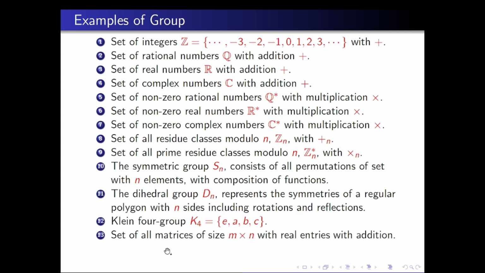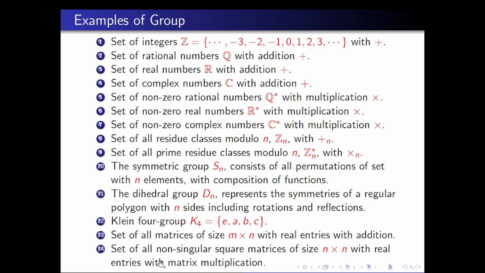The set of all matrices of size m by n with real entries forms a group with respect to addition. Similarly, the set of all non-singular square matrices of size n by n with real entries also forms a group with respect to matrix multiplication. These are some of the standard examples of group. You can construct more such examples.